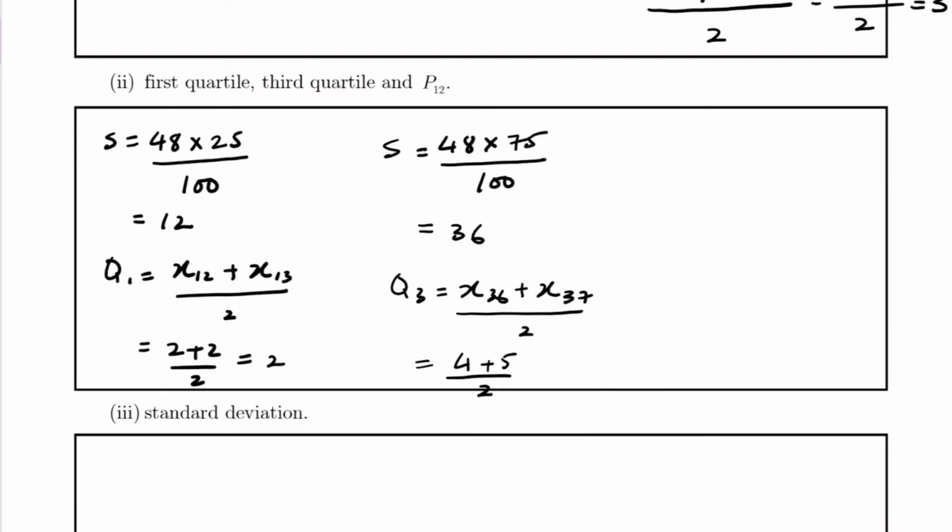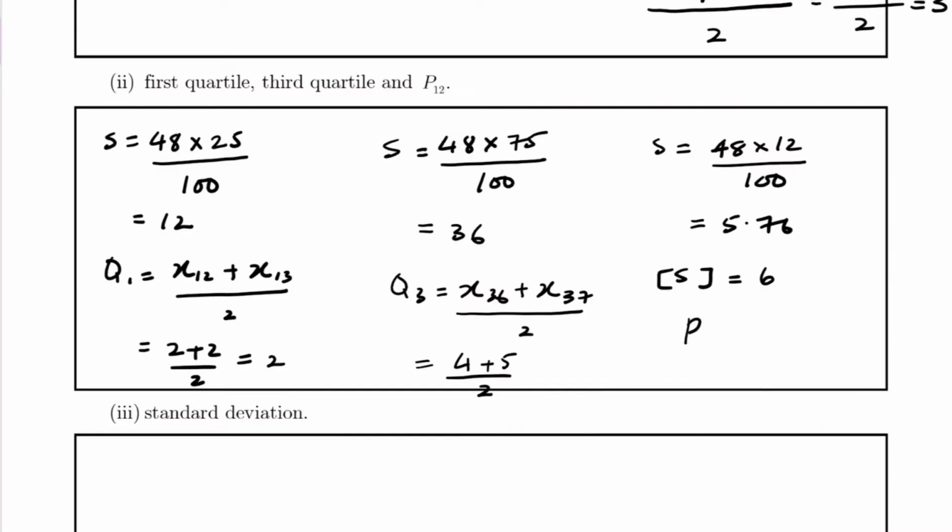To find P12, s is equal to 48 times 12 over 100 and we'll get 5.76. It does not belong to the integers, so we have to find the least number bigger than 5.76, which is 6.